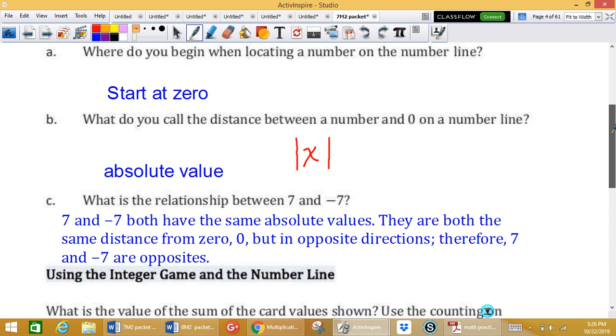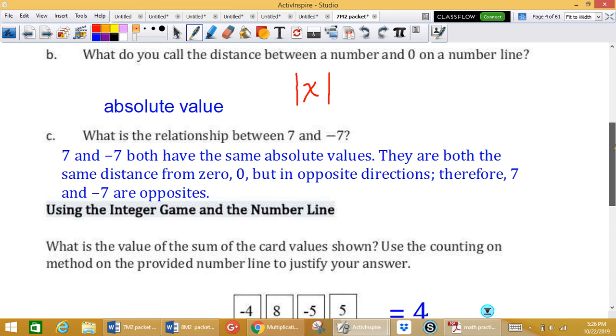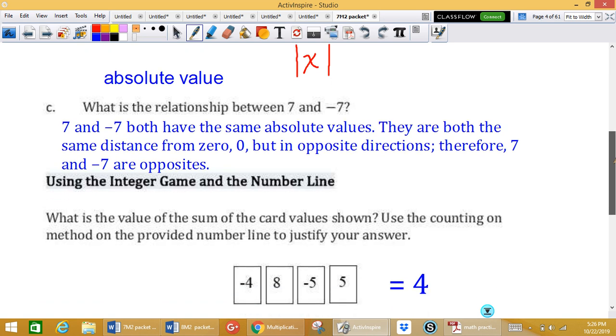Using the integer game on the number line. What is the value of the sum of the card values shown? Use the counting on method on the provided number line to justify your answer.